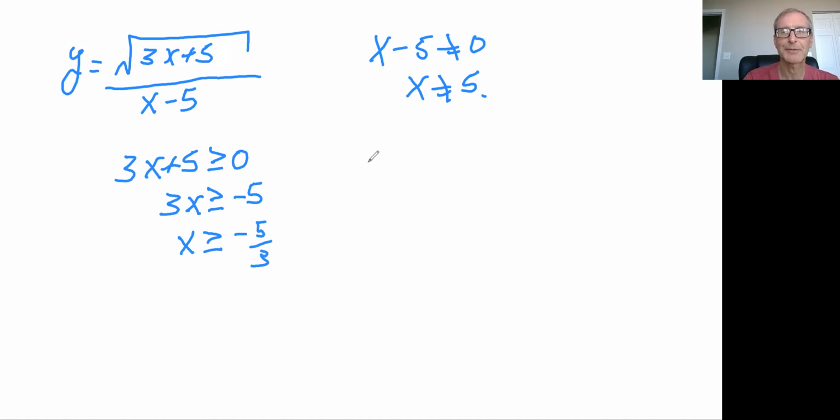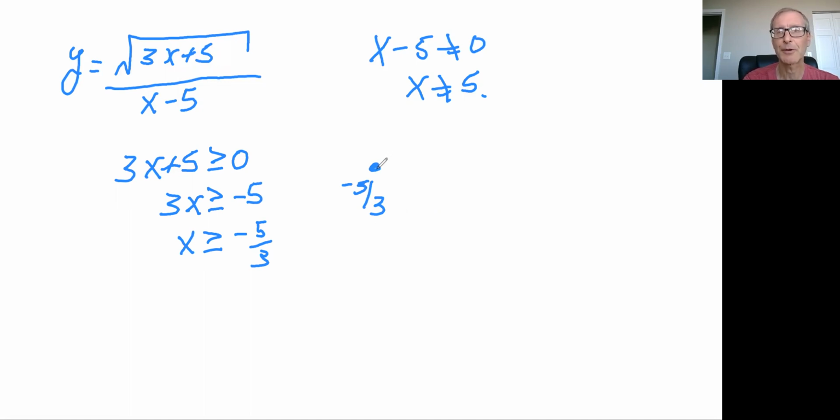So how do we set that up? Well, I always like to do the number line and then work our way through. So where are we starting? Well, x has to be greater than or equal to minus 5 over 3, right? So our lowest one is minus 5 over 3, and there's a closed circle or a dot because the equal sign means the endpoint's included.